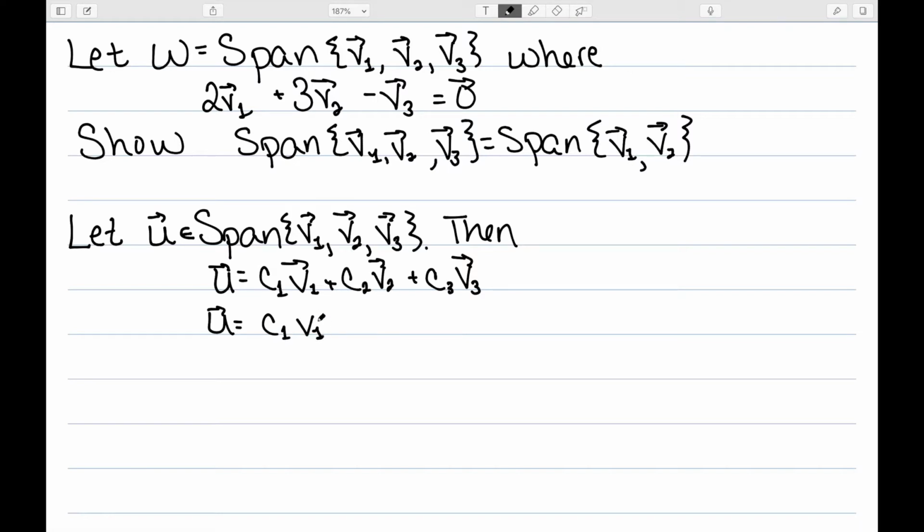Well, we can rewrite this slightly using this condition up here. So I'm going to take this condition and rewrite it as 2V1 plus 3V2 equal to V3 by just adding V3 to both sides. So then I'm going to write this as C3 times 2V1 plus 3V2.